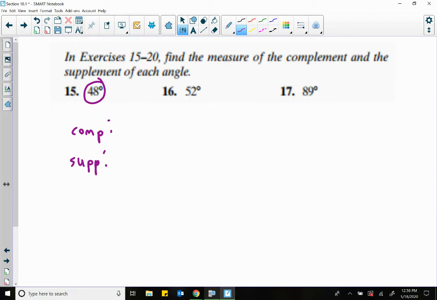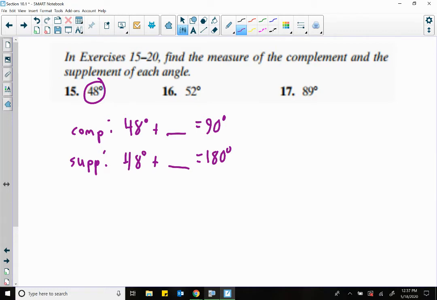So what they mean is, if I take 48 degrees plus what will give me 90? That's what they want to know. They want to know what this angle is. What plus 48 gives me 90? And then down here, they're asking 48 plus what will give me 180 degrees.